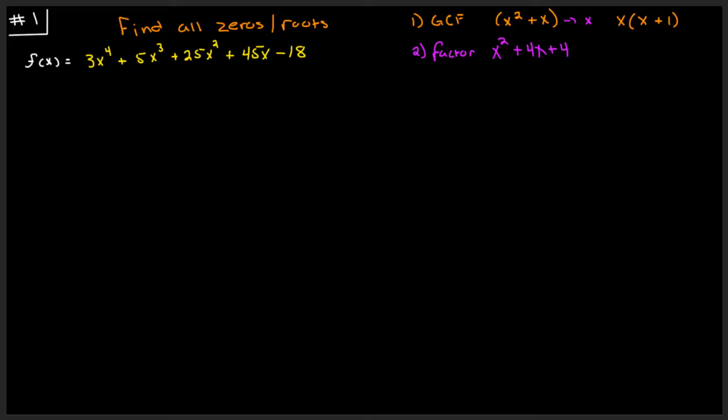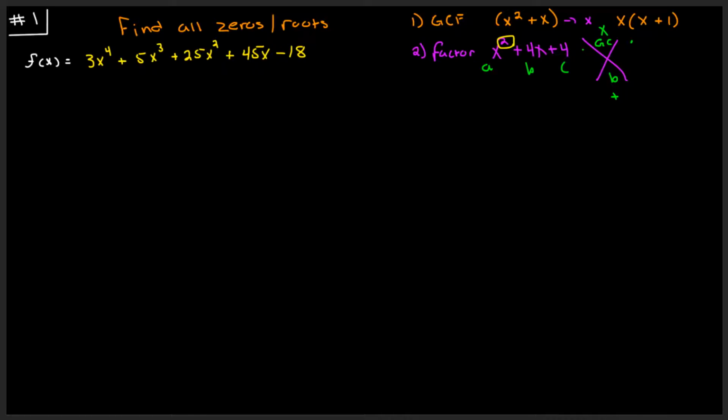This only works with terms that have a maximum power of 2 for the leading term. You create this box here, and the coefficients of each of these terms are labeled A, B, C. You take A times C and B, and you find what two numbers multiply to get this and add together to get this.